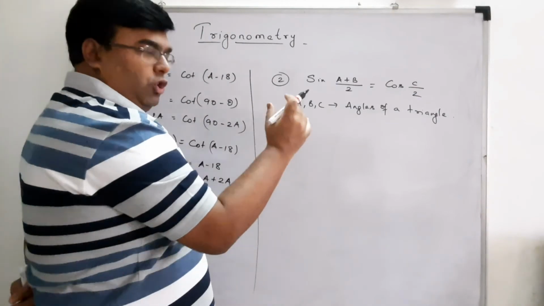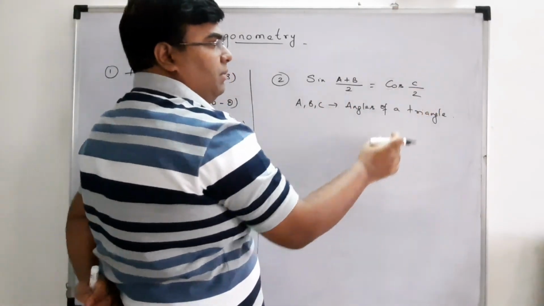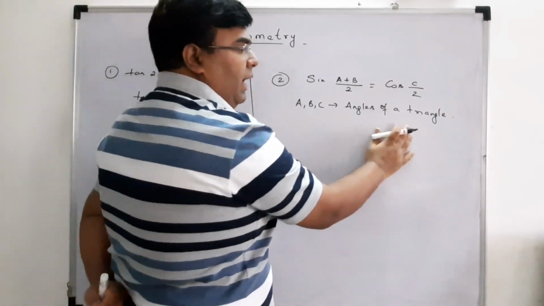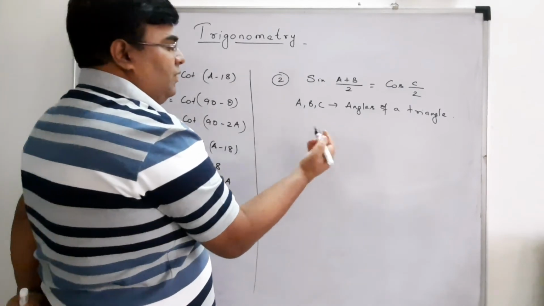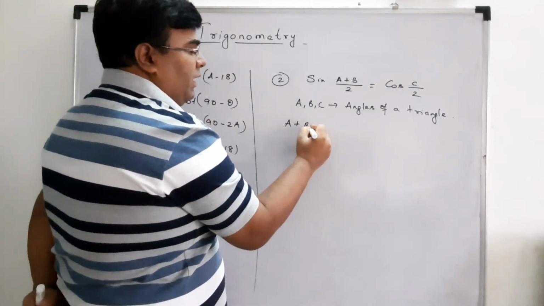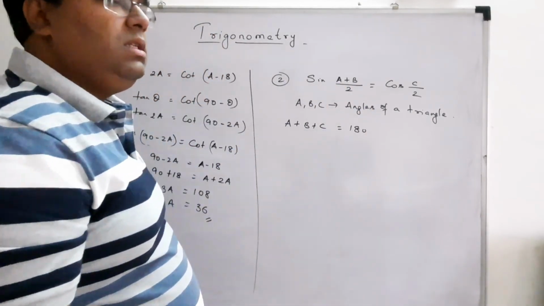Let's take another example. Here we need to show that sin of (a plus b) by 2 is equal to cos c by 2, where ABC are angles of a triangle. Now we know that if ABC are angles of a triangle, our angle sum property says that a plus b plus c is 180.